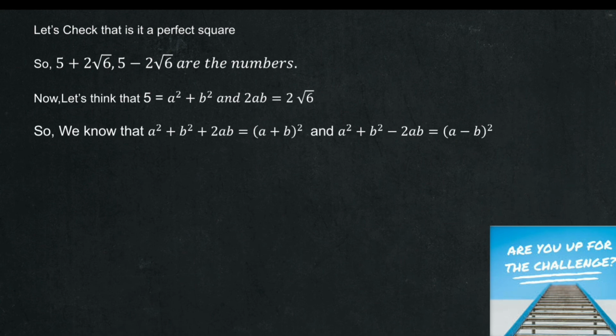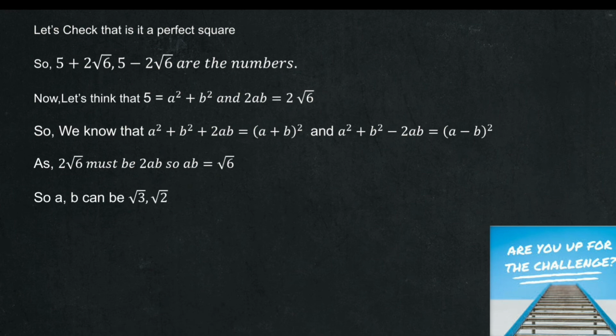We know the formula: a square plus b square plus 2ab equals a plus b whole square, and a square plus b square minus 2ab equals a minus b whole square. The signs of 2ab are changed, while a square plus b square is the same. So let's say 2 root 6 must be 2ab. So ab equals root 6.